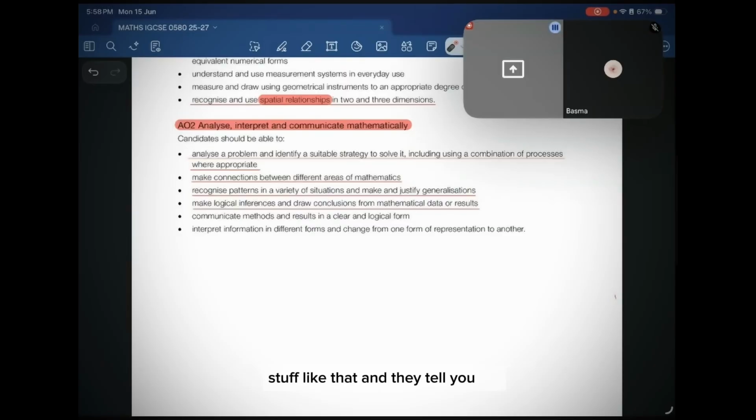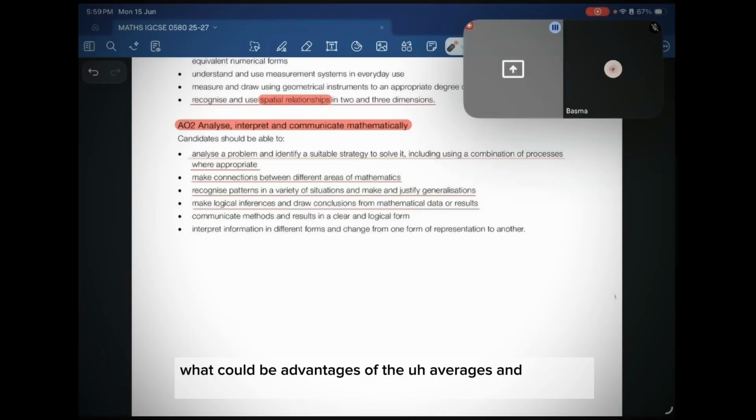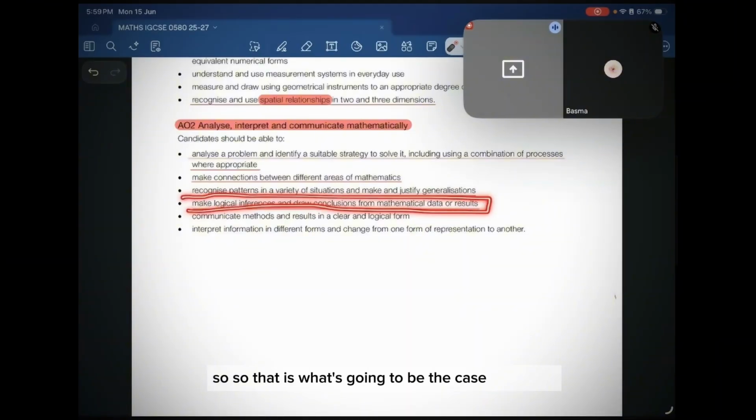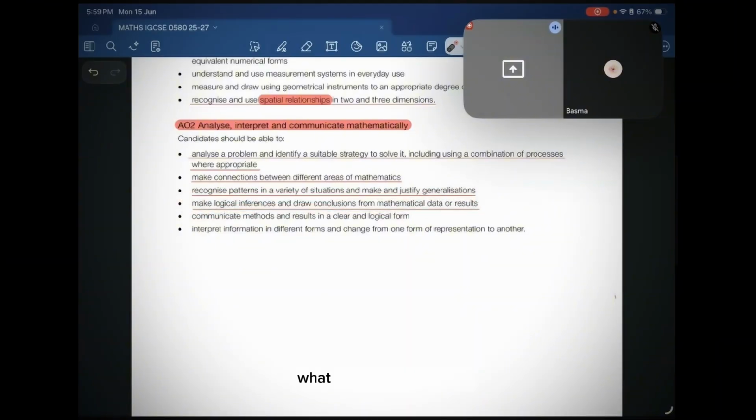And they tell you, okay, what if we add something? What could be disadvantages of the mean? What could be advantages of the averages and stuff like that? So that is what's going to be the case over here. What you need to identify and what you need to conclude from the given data.